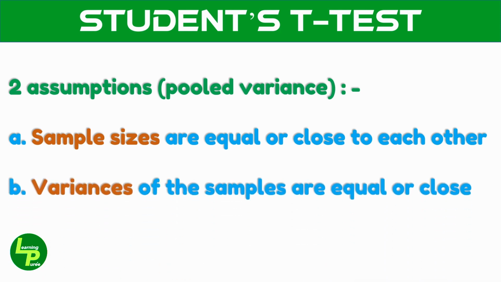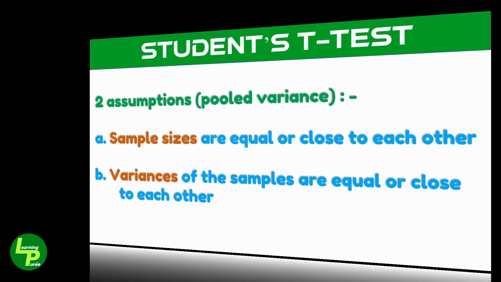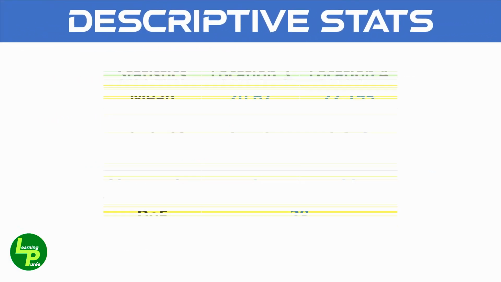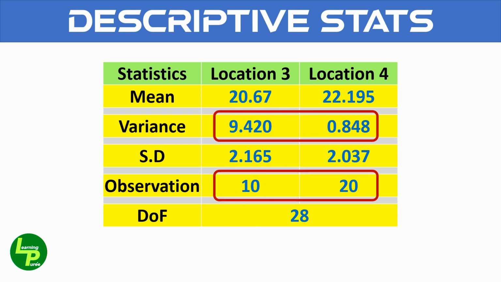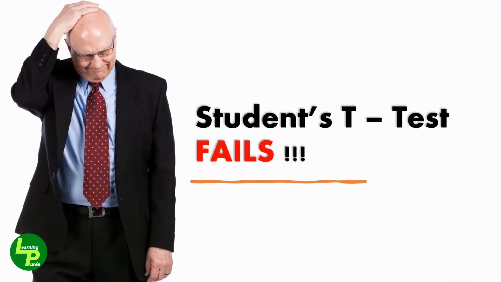And second, the variances of both samples were same or close to each other. In this last case, neither the sample sizes were the same nor were the variances. In fact, they were not even close to each other. So clearly, student t-test fails to address the issue of dissimilar variances and sample sizes.